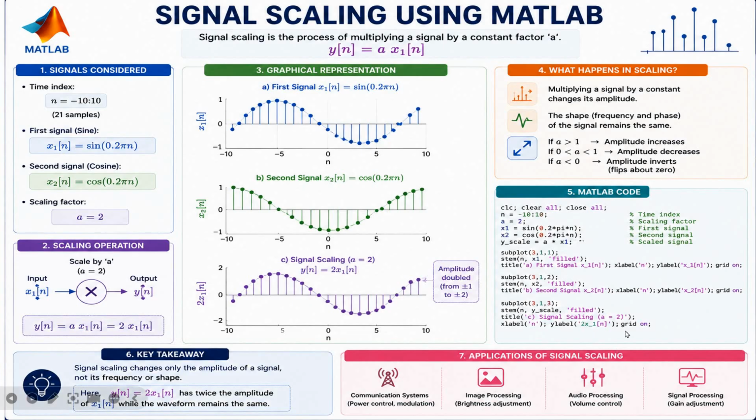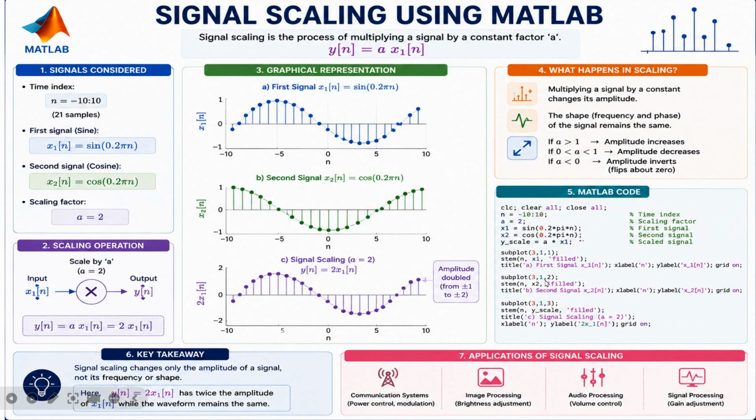0. So this is the MATLAB program which we'll be using here. This is the MATLAB code. These three are the basic commands which we'll be using in all the programs, that is CLC, clear all and close all. Then we will set the time index, and here we are taking the scaling factor. This is the first signal, this is the second signal, and this is the scaled version, that is a into x1.